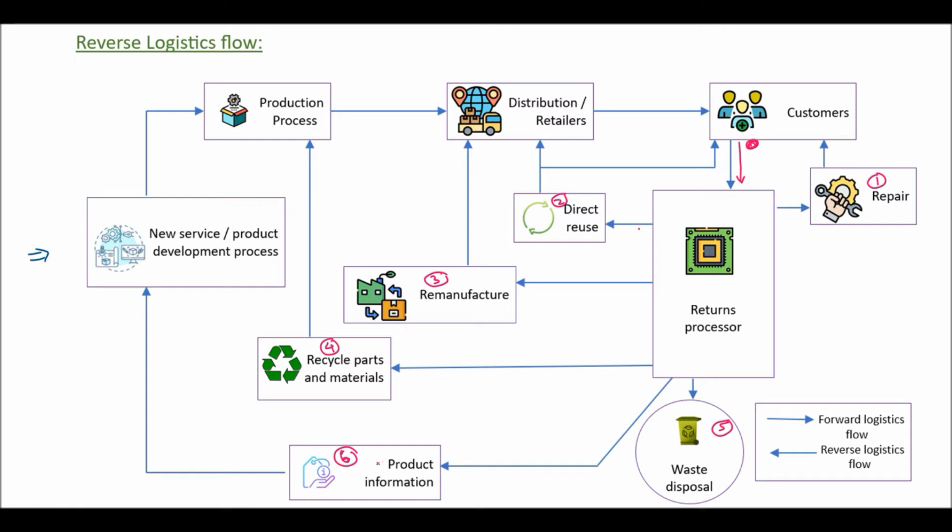This information should be gathered from the returns processor and then passed on to the new service or product development team, so they can do further improvements so that the waste disposal can be reduced and the product's life can be increased. So this is a typical reverse logistics flow.